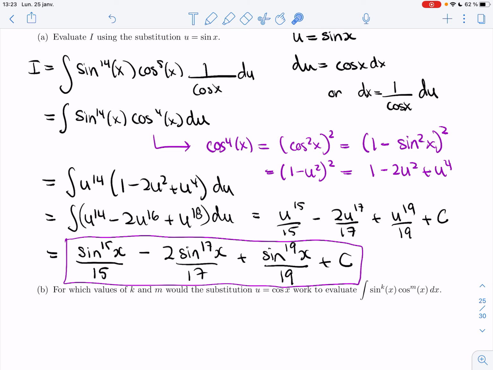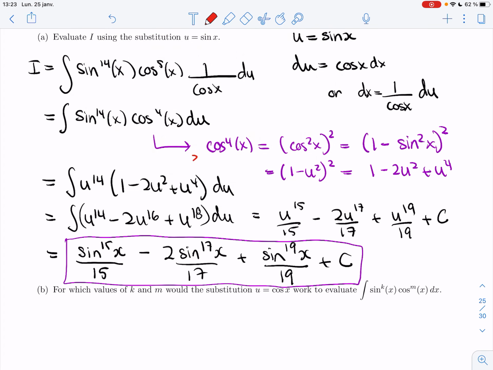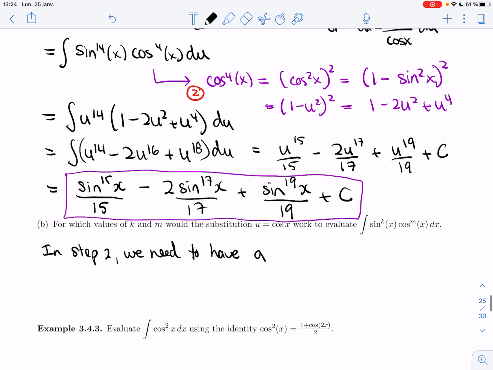All right, so for which values of k and m would the substitution u equals cos of x work to evaluate the integral of sine^k x cos^m x? All right, so same thing as before. This is the pivotal point. In step 2, we need to have an even number of cosines.